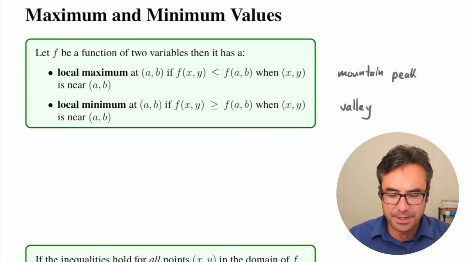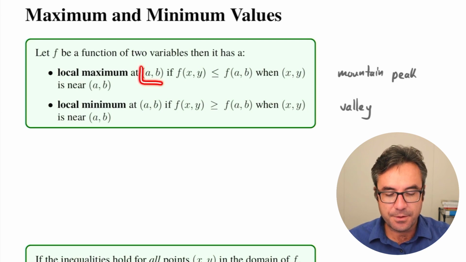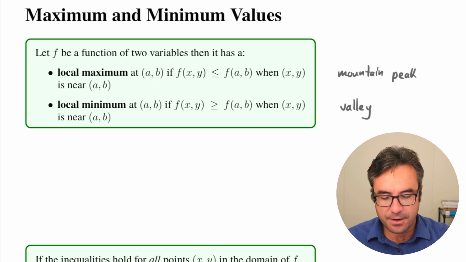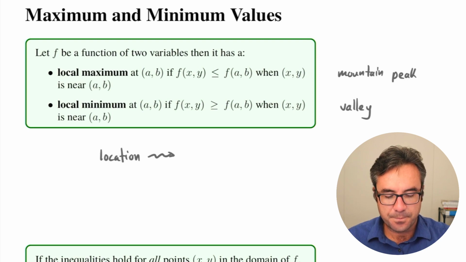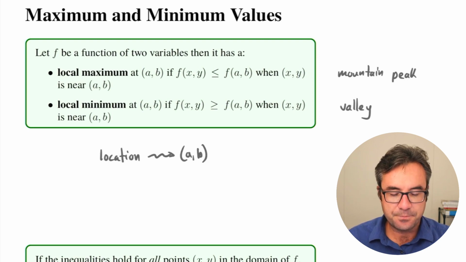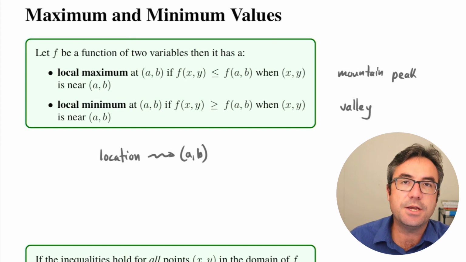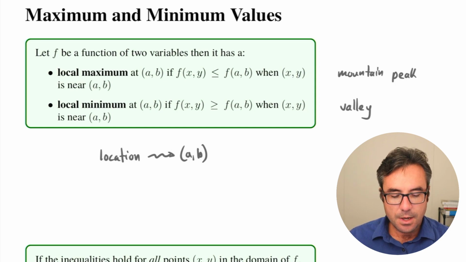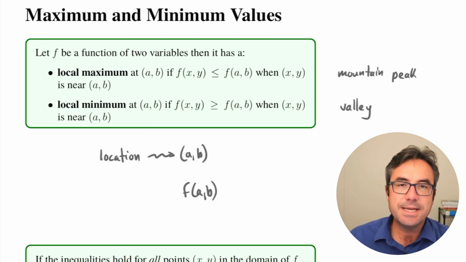Now, just a little bit of notation or terminology here. You want to think of the point (a, b) as the location where the max or min occurs. And then you want to think of the actual value of our function at that point as the max or min value.